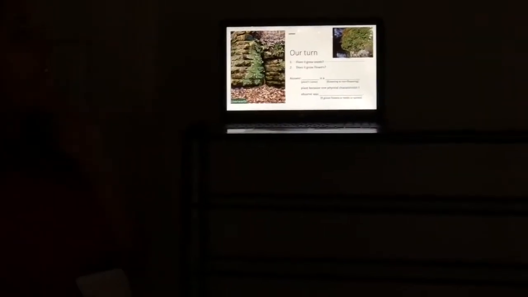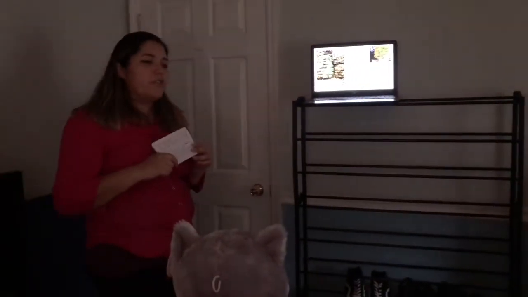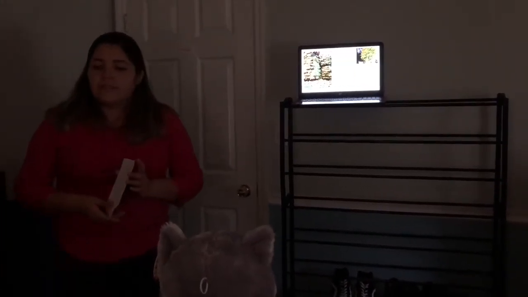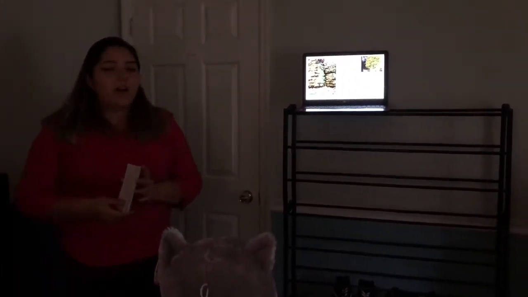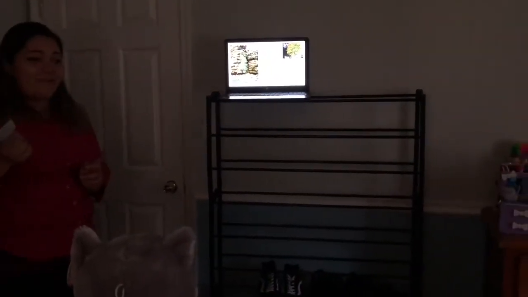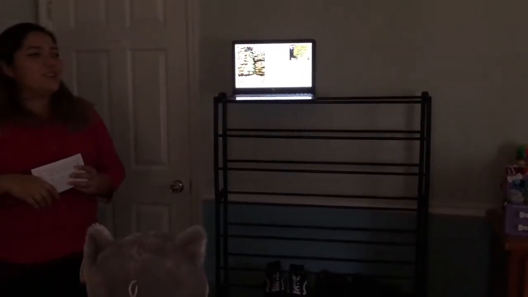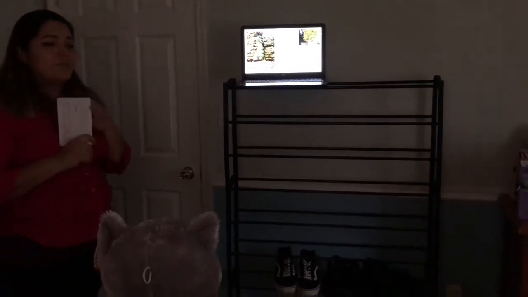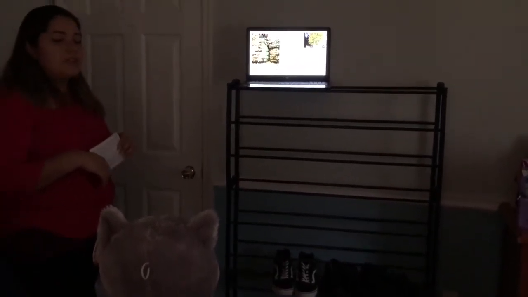So what do you guys think? Let me hear your opinions. Raise your hand if you think it's a flowering plant. Raise your hand if you think it's a non-flowering plant. Most of you got it, excellent. So yes, it is a non-flowering plant. Now there are 2 types of non-flowering plant. There's with cones and with spores. So who thinks it's with cones? Raise your hand.